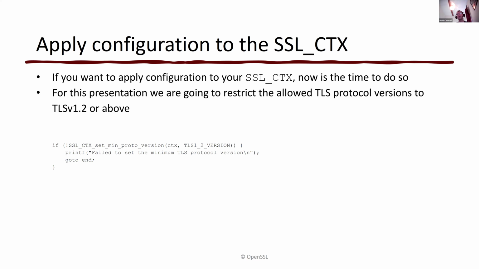We don't want anything below that. So we just call this function, SSL_CTX_set_min_proto_version. We pass in our SSL context object that we created on the previous slide, and we pass in the TLS 1.2 version as the minimum. Again, this can fail. It will return a 0 value as a result if it fails, and in that eventuality we'll just bail out again.